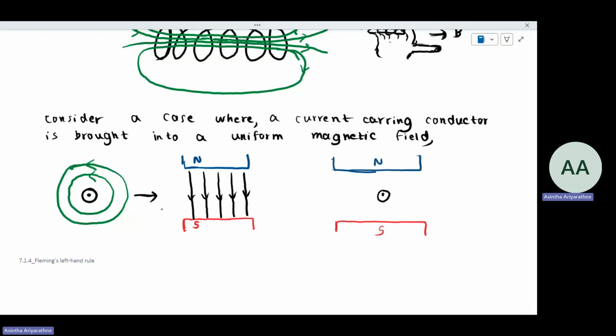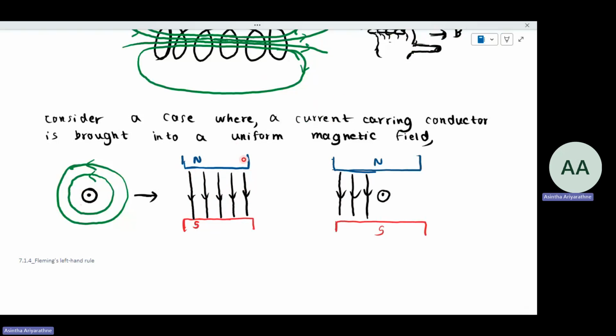So you can see towards the left side of this conductor, the magnetic field induced by the permanent magnet is towards downward, and the magnetic field induced by the conducting wire is also towards downward. So we would have a strong resultant magnetic field towards down.